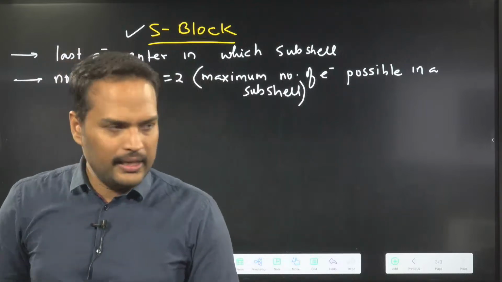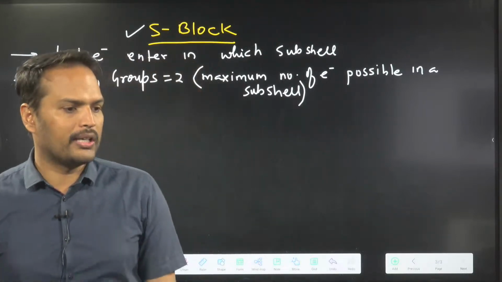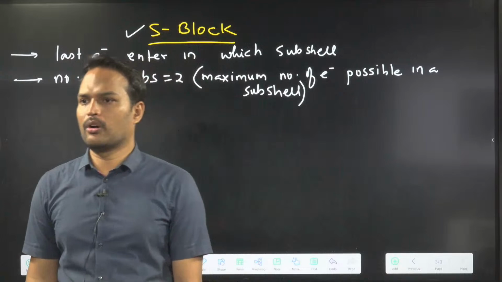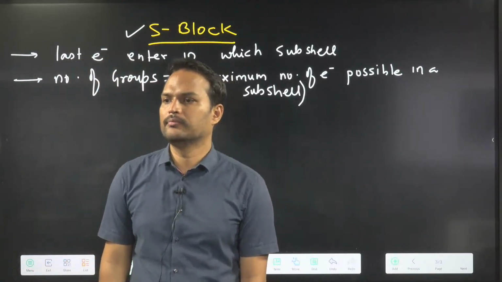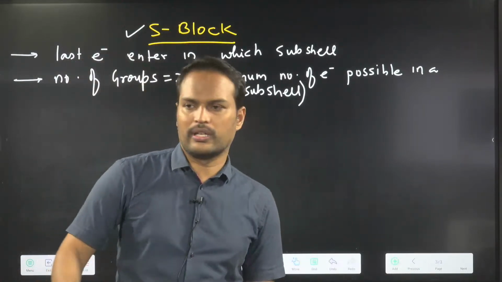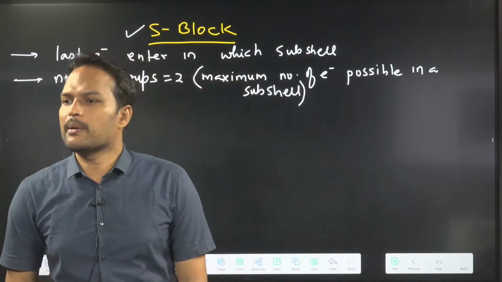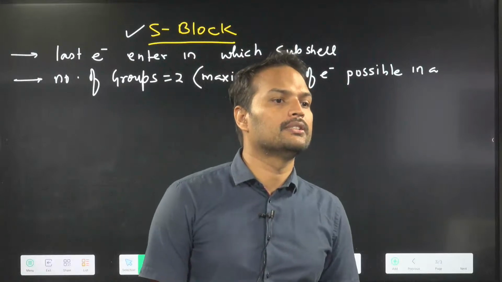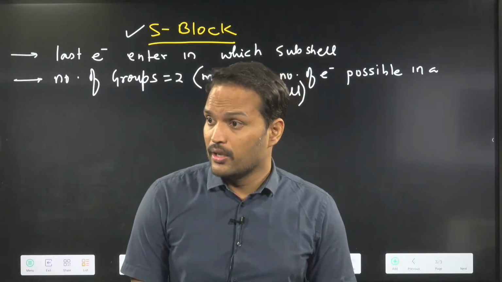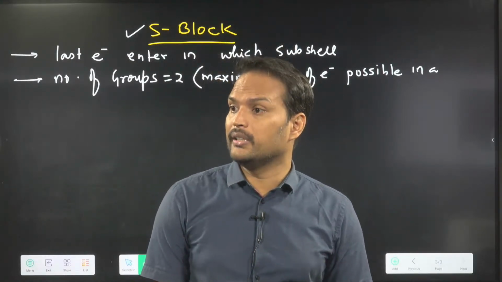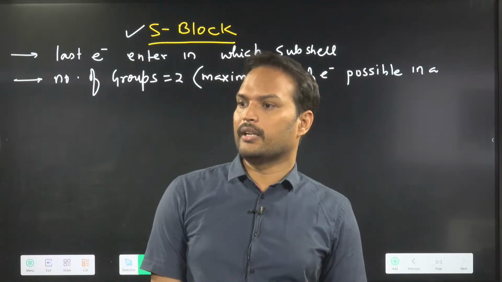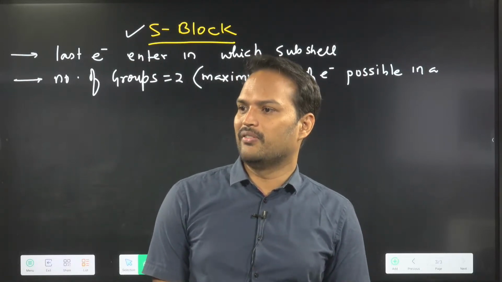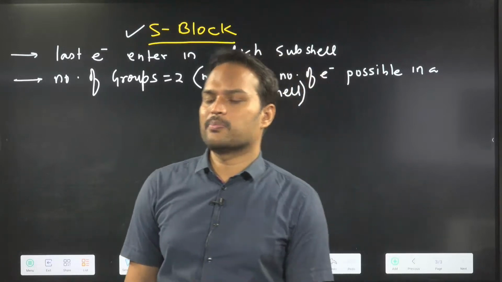Quickly tell. 2. So there are 2 groups. In P subshell, we have 6. So there are 6 groups, from 13 to 18. Clear? Done.